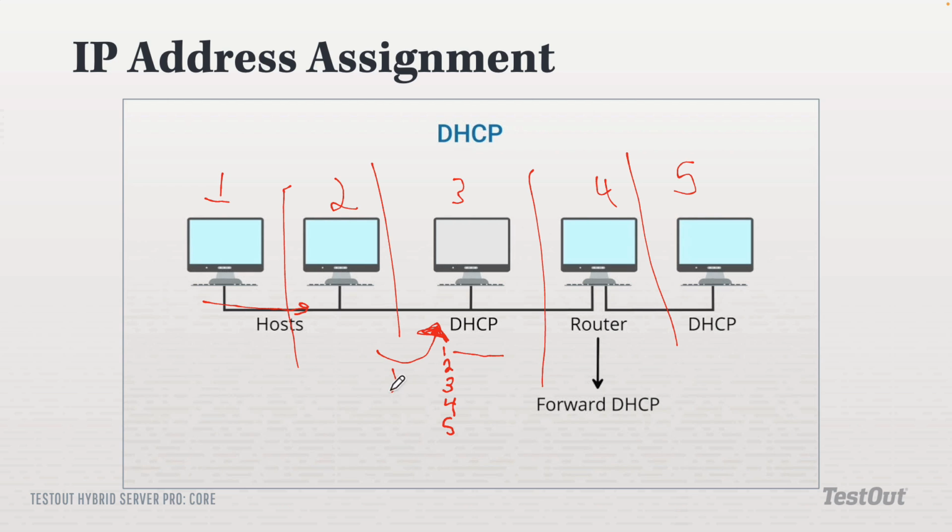So it's like, hey, you came from this .1 VLAN, you're going to get an IP address from the .1 scope, okay? That's what allows it to all actually function and not have to put a DHCP server in each of these different networks, okay? We forward that traffic to the DHCP server and it's tagged by what VLAN it came out of, so that way the DHCP server knows, hey, you're supposed to get an IP address from this scope.